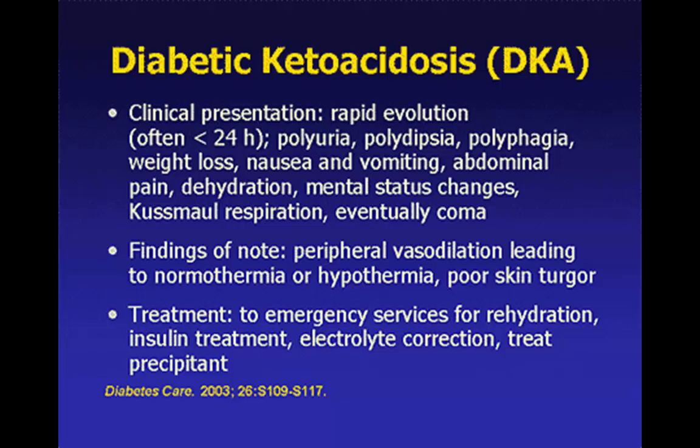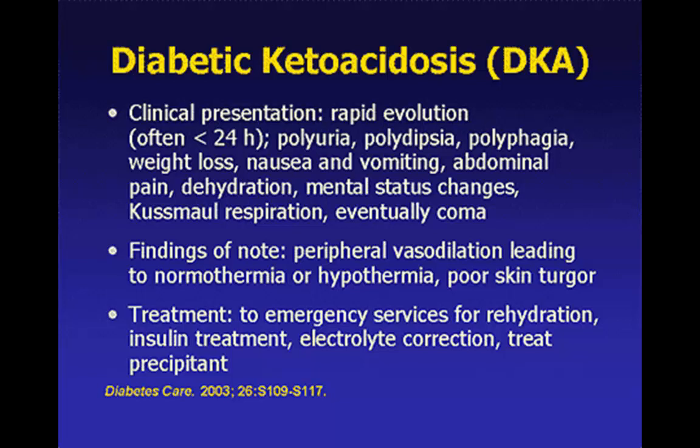So polyuria, polydipsia, polyphagia, and weight loss are basic signs and symptoms of any type of diabetes. But in addition to that, the patient would have abdominal pain, nausea and vomiting, major dehydration, metabolic acidosis that compensates with Kussmaul respiration, and changes in mental status that could go from lethargy up to coma.